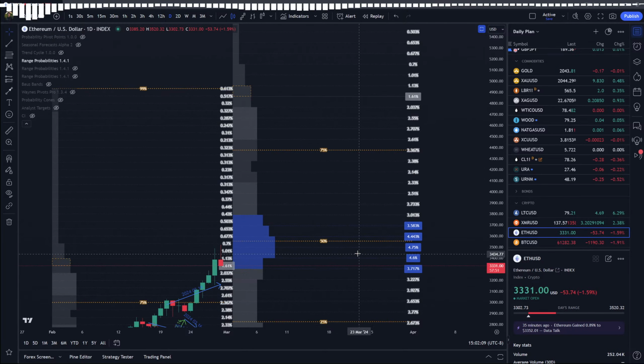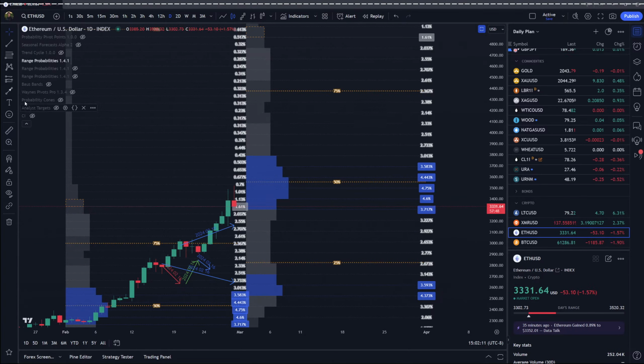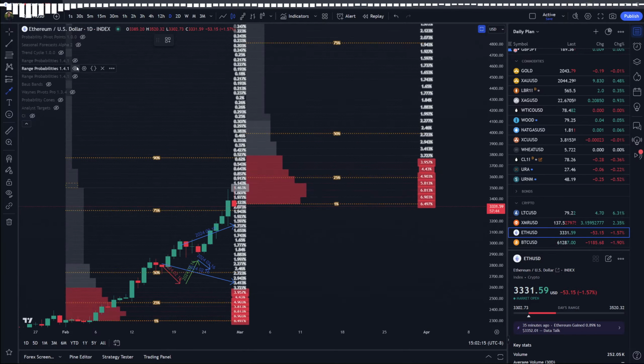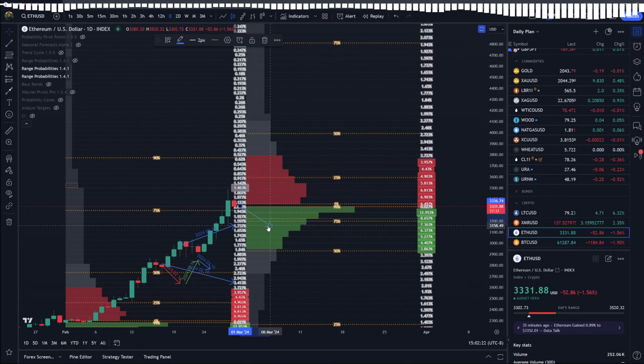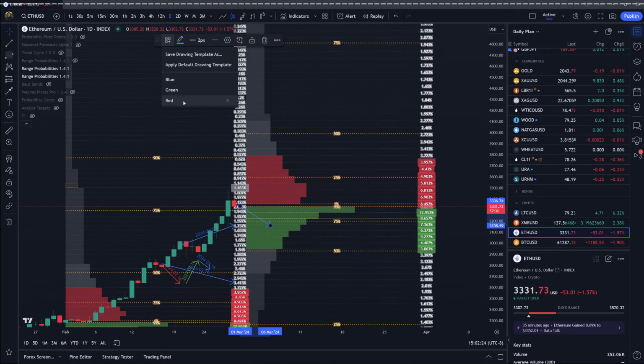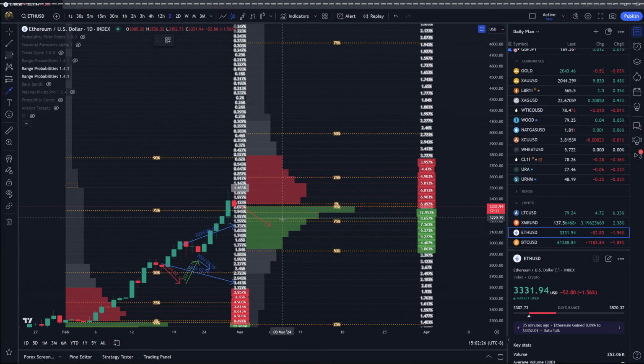I don't think ETH is going to double. But I also don't think ETH is going to fall terribly here. So maybe the pullback's more like this. Set that to red. And the pull up is a new high. Green.